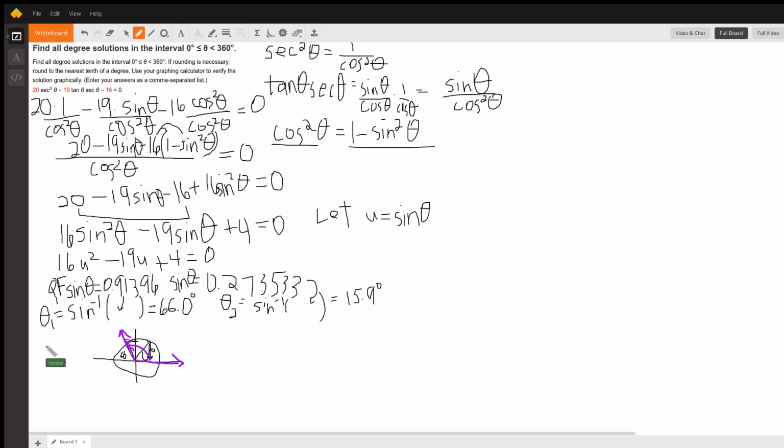So to get that next angle, I'm just going to go 180, because that's all the way to here, minus that 66. And it turns out that another angle is 114 degrees.